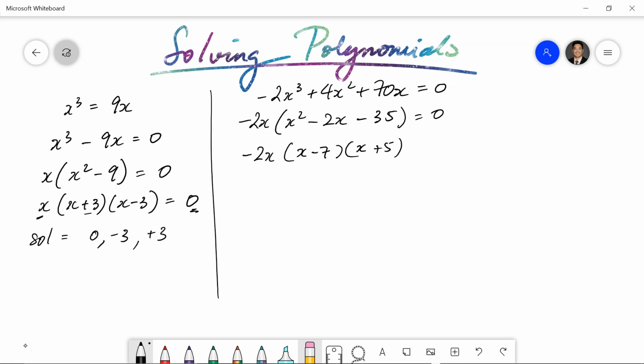So you've got minus 2x with those two brackets equaling 0. That means our solutions are: 0 divided by minus 2 is still 0, and then minus 7 will give us a solution of positive 7, and plus 5 is going to give us a solution of minus 5.